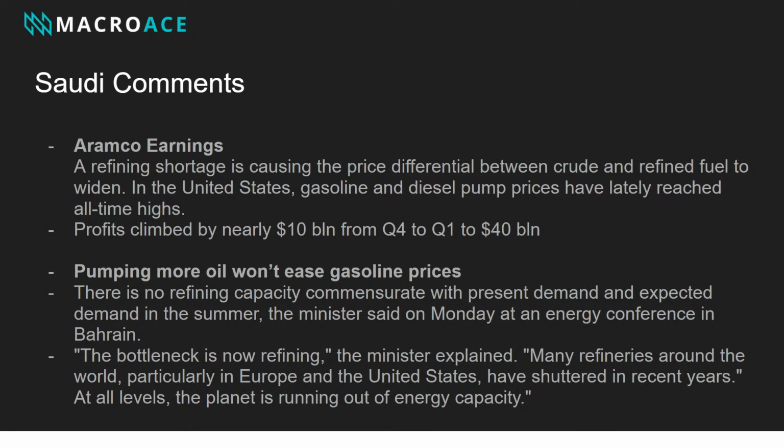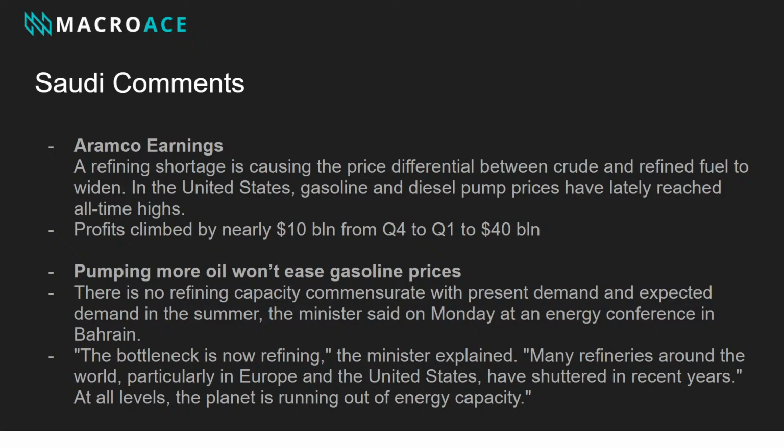Now, another interesting point to bear in mind. On the weekend, we had comments from Saudi Aramco with their earnings. So there's a shift in what to focus on when we're looking at oil in the news, and also for the global economy. The initial focus was on there being less oil provided to the global economy if sanctions are imposed on Russia.